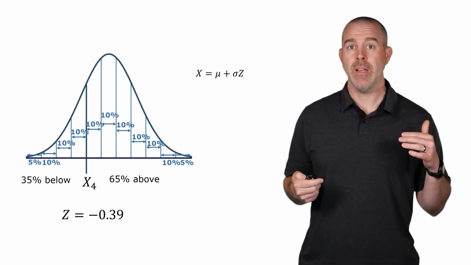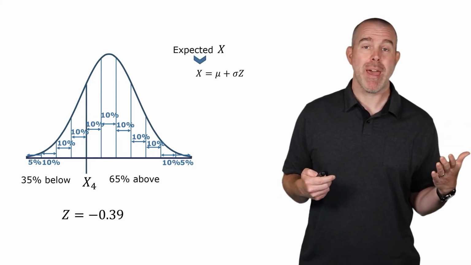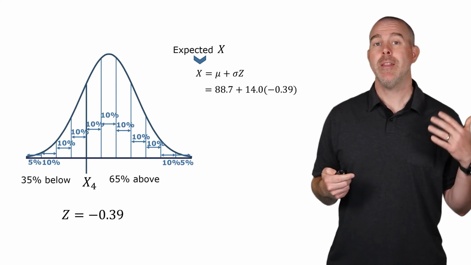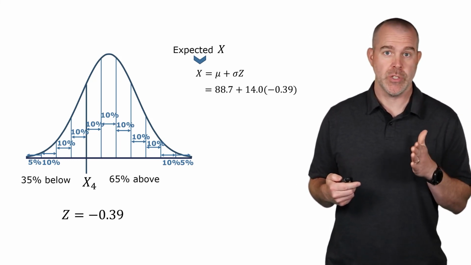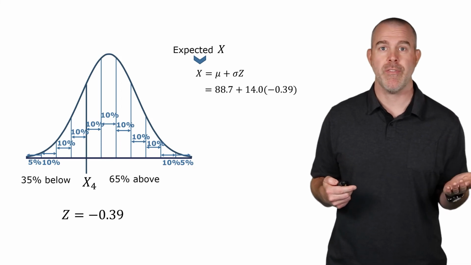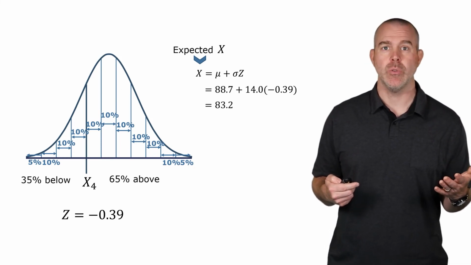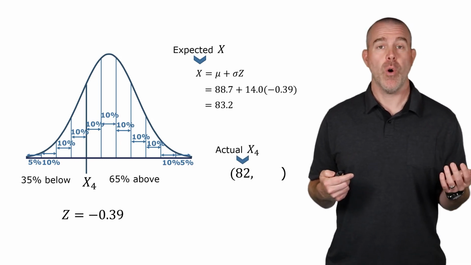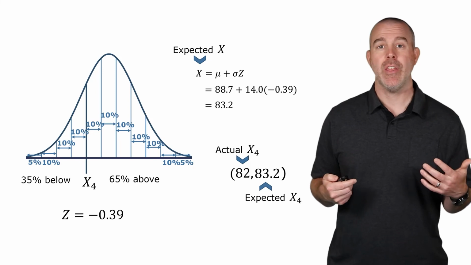And then in our formula, x equals mu plus sigma z, we're going to calculate the expected x value. We'll plug in the mean and standard deviation, and this z that we calculated that corresponds to 35% below and 65% above. Simplify those, we get 83.2. Now the actual fourth one in order is 82. The expected one is 83.2.